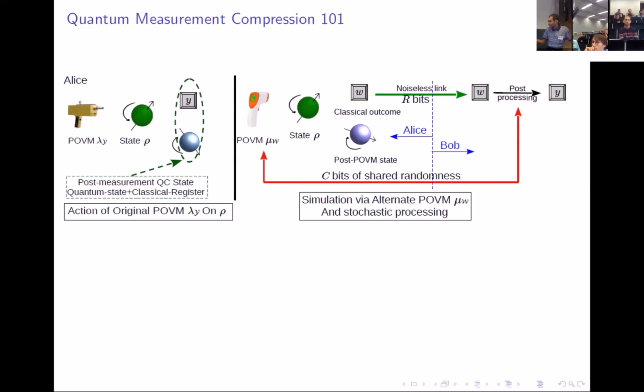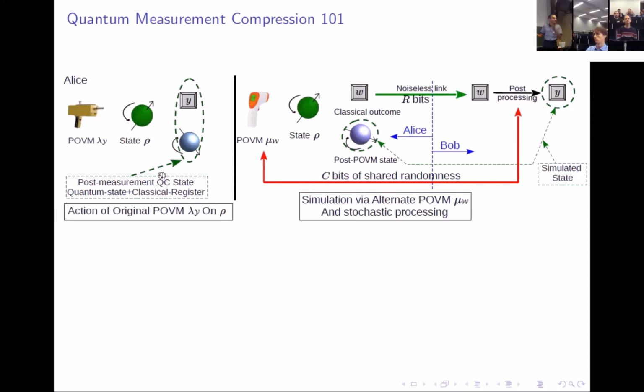So that is the formulation. The simulated post-measurement state, with the classical random variable Y, and the state now simulated through an alternate measurement, must be identical to the post-measurement classical quantum state that the original POVM would have given you.